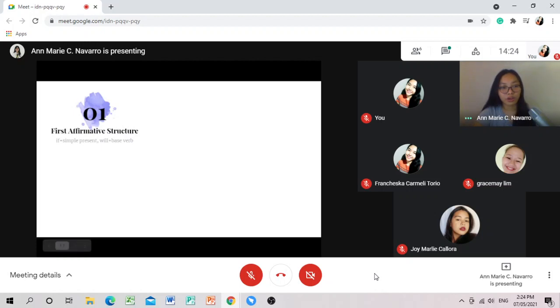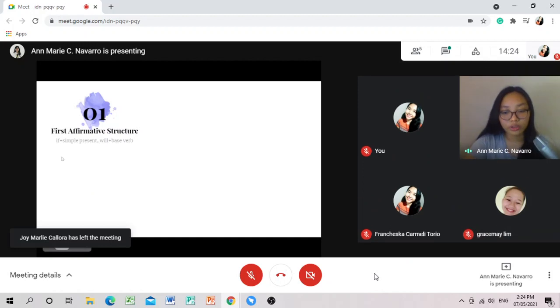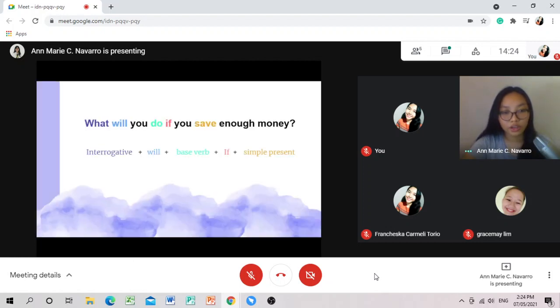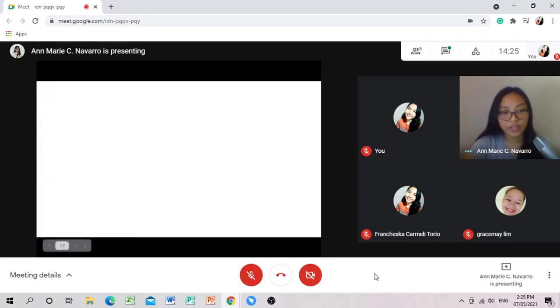So by observing the form interrogative plus will plus base form of the verb plus if plus simple present, give me an example of a sentence with an interrogative structure.